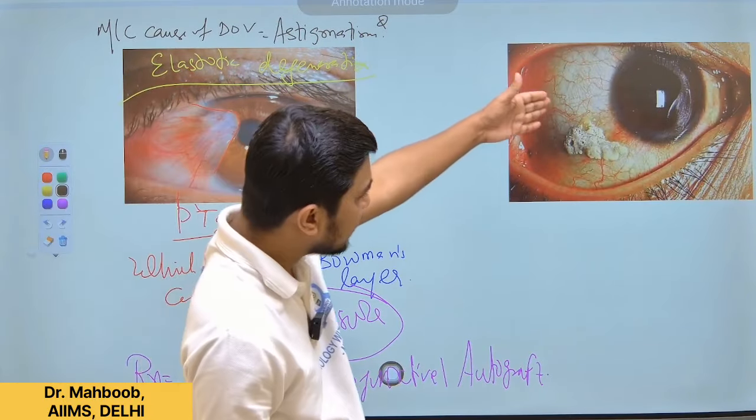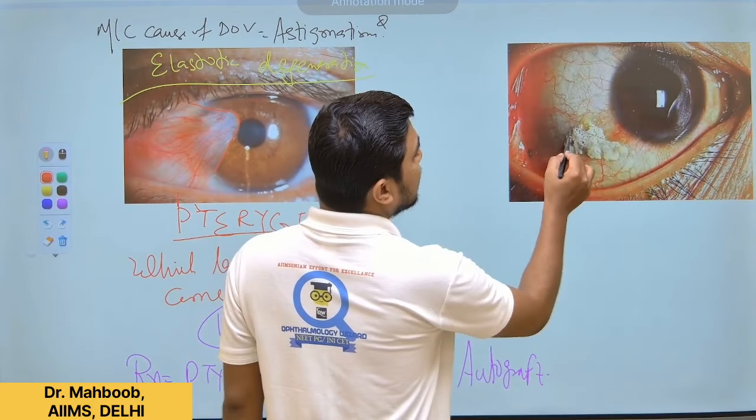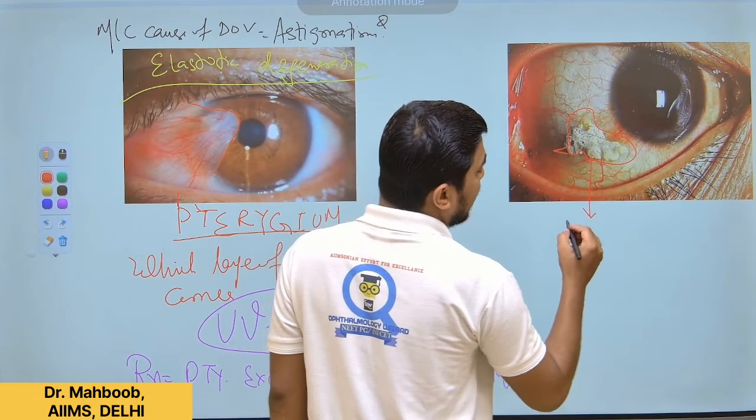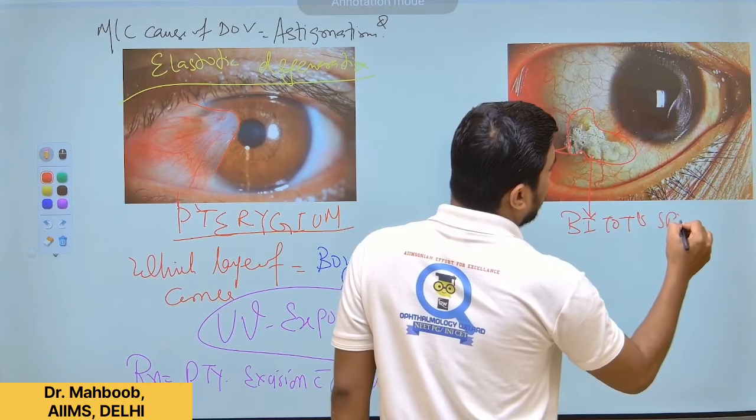Now coming to this MCQ image. What is this? This is the frothy lesion on the temporal side of the conjunctiva. That is nothing but a Bitot's spot.